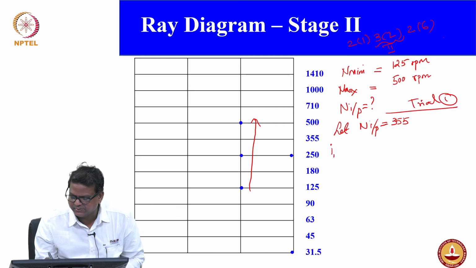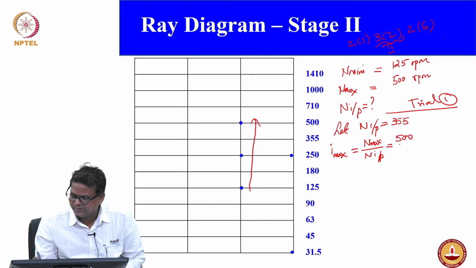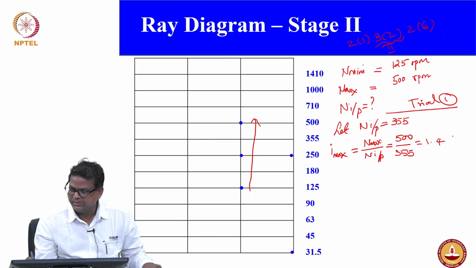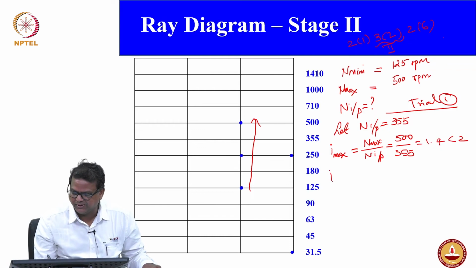So, I max is n max over n input. What is n max here? 500 rpm, over 355, right. That should give me 1.4, which is less than 2. Then the minimum gear ratio, I mini, is n mini over the input speed.